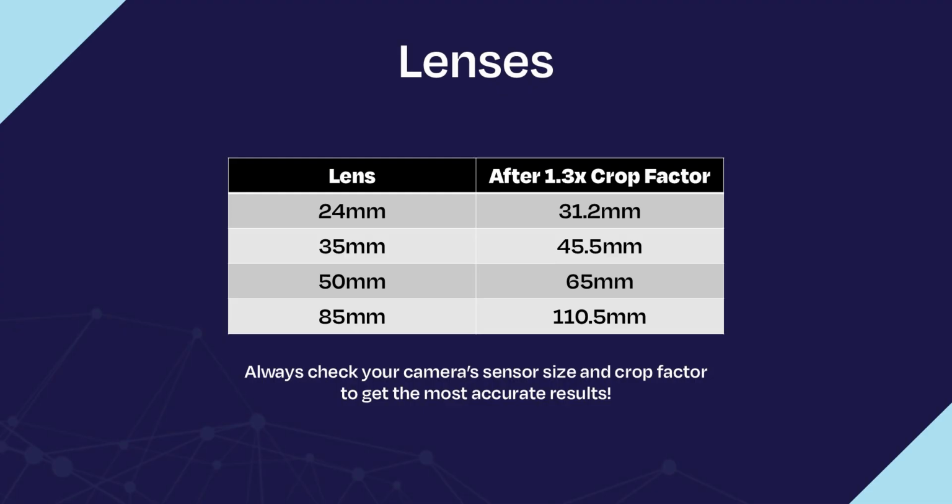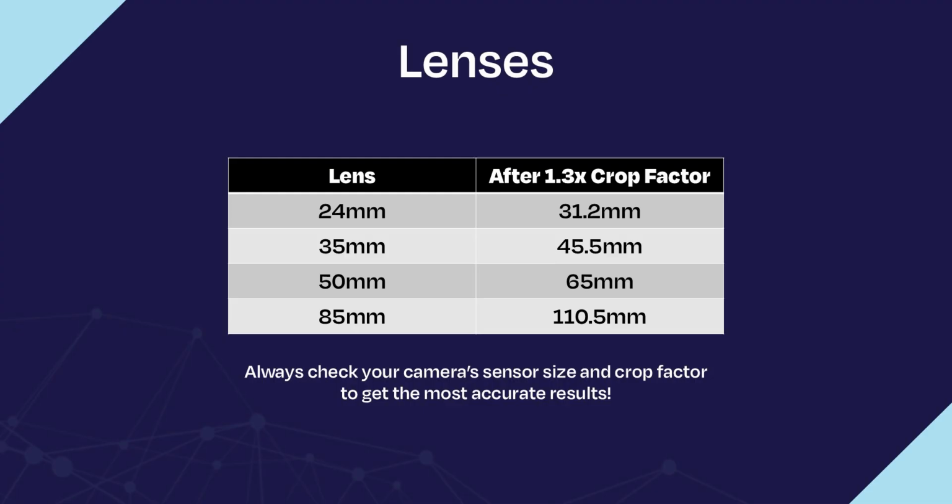Now, the Ursa 12K has a crop factor of 1.3 times, and as such I need to convert my Mikey lenses into their actual focal lengths for accuracy when composing my shots. So for my 24mm lens, that is actually going to be represented as 31.2mm. My 35mm lens is going to be represented as 45.5mm.